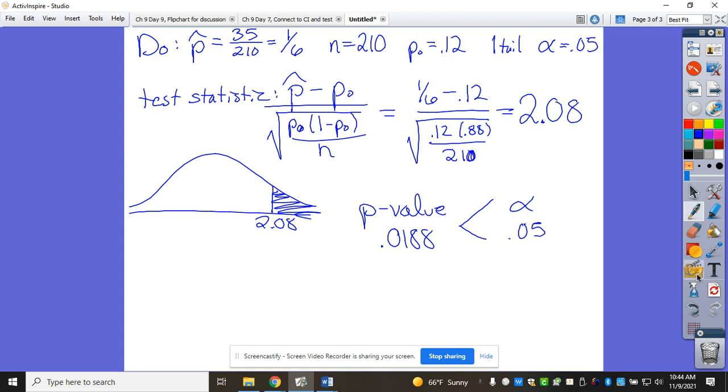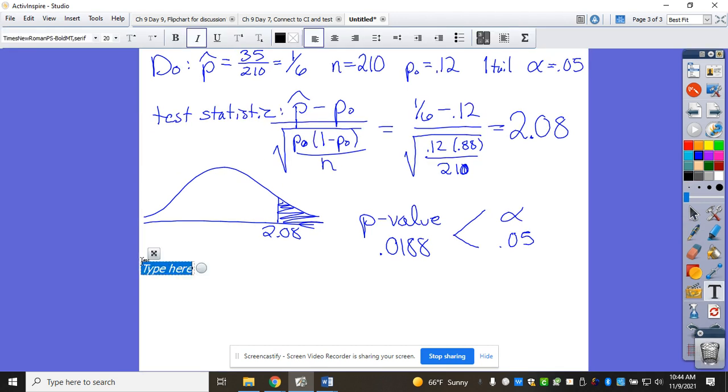So our conclusion: we what? Reject the null hypothesis that p equals 0.12 since why?